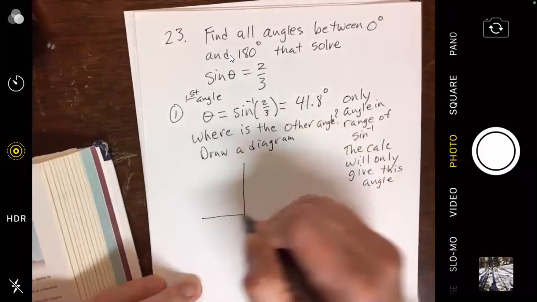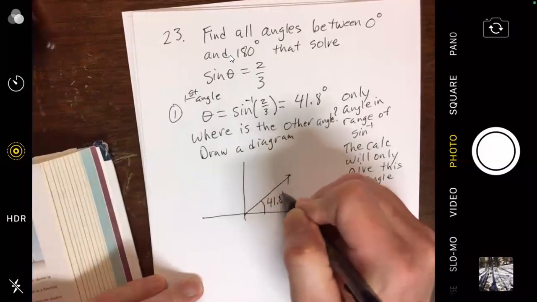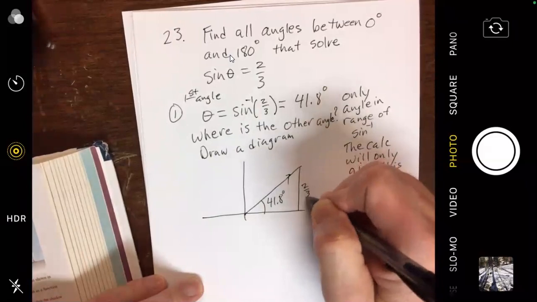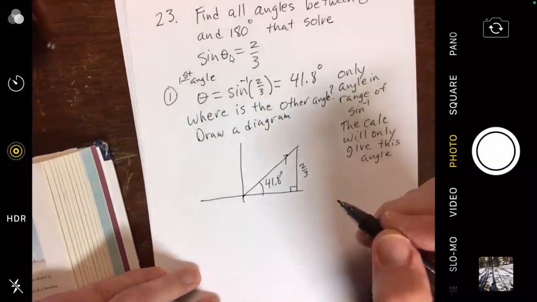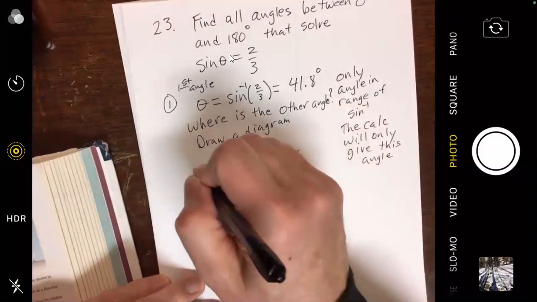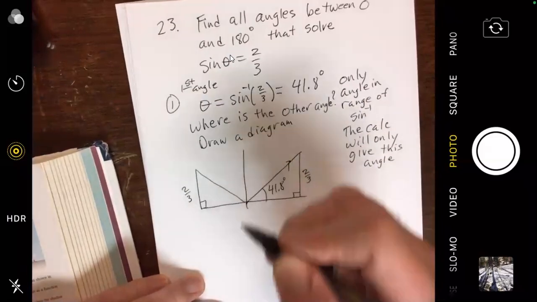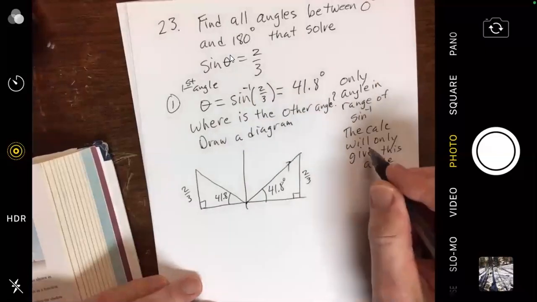Okay, 41.8, you locate that. That's clearly first quadrant. And we're saying that its y coordinate is 2/3. Where else are you going to have a y coordinate of 2/3? Clearly over here. The reference is 41.8. In effect, the calculator gives you the reference angle.